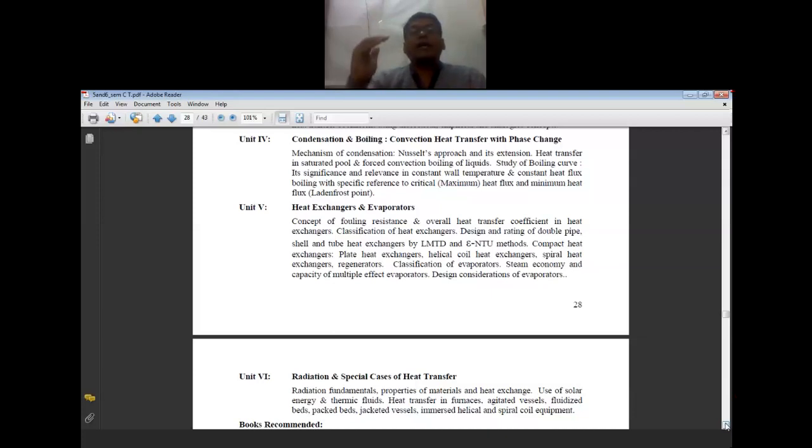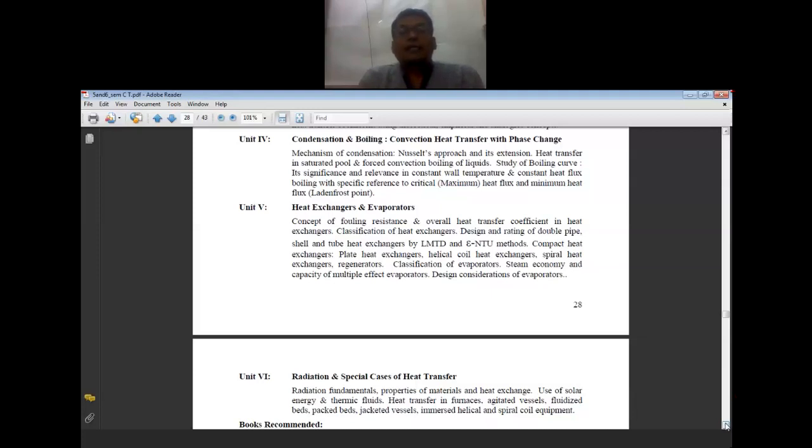That is what condensation is. However, in case of boiling, you are heating the fluid so that the liquid gets converted into the vapors, the phase change is going to take place. And whenever there is a phase change incorporating the convection, different equations will be required. So these two topics are different, with phase change and without phase change, the different types of equations.